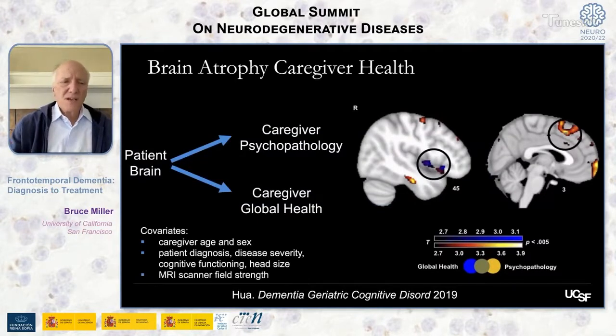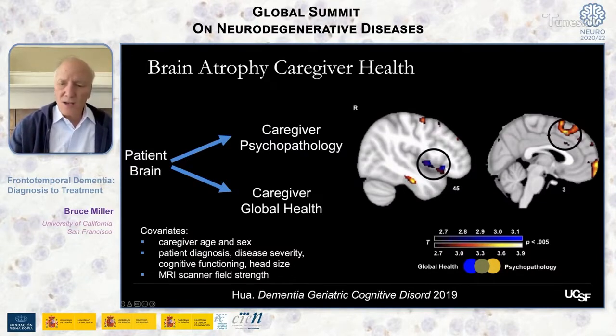And what they did is they looked at a number of patients with dementia, including those with frontotemporal dementia, asked the question, does atrophy in the patient's brain correlate in any way with caregiver psychopathology or psychiatric illness or global health?